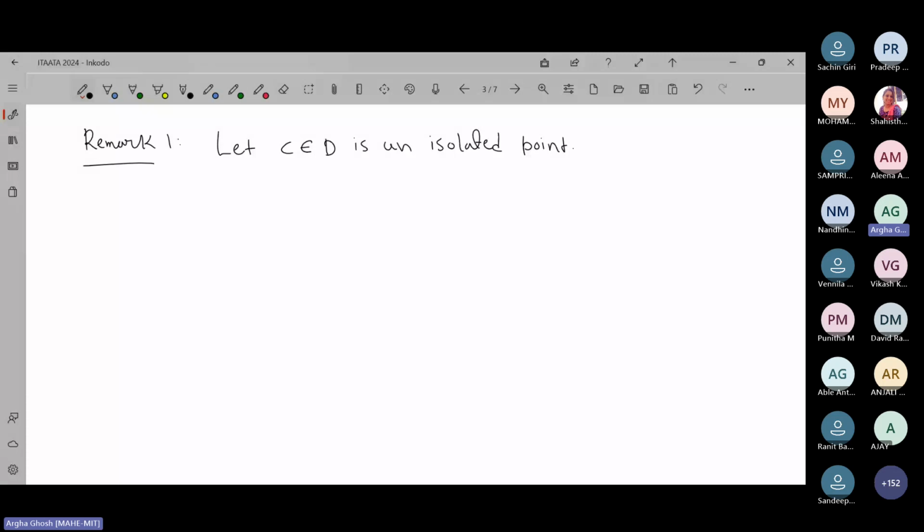There exists a neighborhood of c which will contain the element c only. The other way to say that: there exists a delta greater than 0 such that the delta neighborhood of c contains the element c only. There is no other element than c.